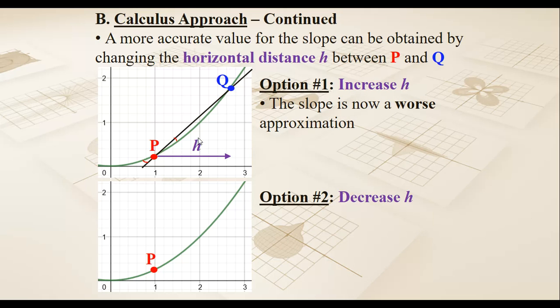Okay, let's try to decrease h. So make h a little bit smaller, which is going to bring Q a bit closer to point P. Instead of Q being located at x equals 2, it's going to be located somewhere around x is equal to 1.6-ish. So a bit closer. Now, let's connect the dots with the tangent line. And how does that look? Well, it's getting better.